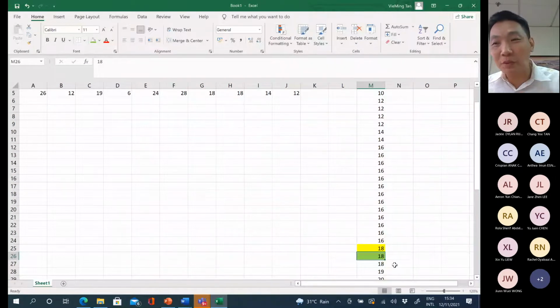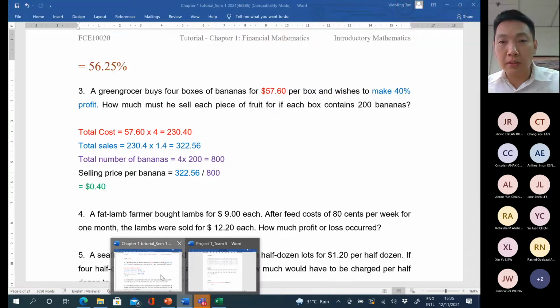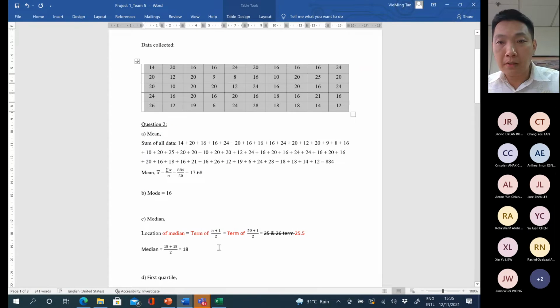So the median is equal to 18. You can replace these two numbers, 18 and 18, into the formula just now. Because it's in between term 25 and 26, 18 plus 18 divided by 2 is equal to exactly 18.